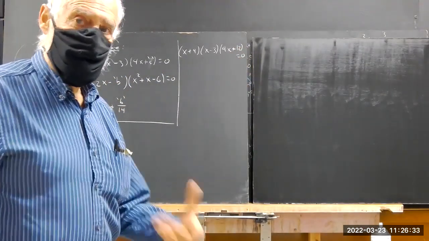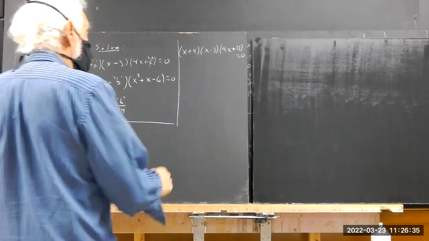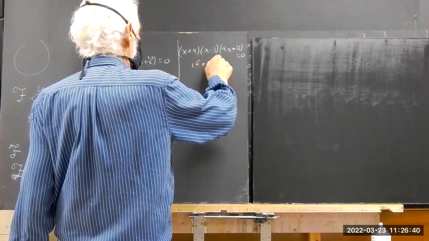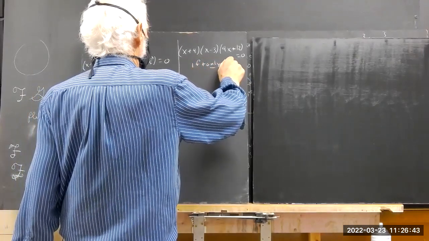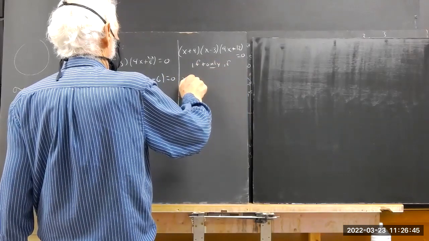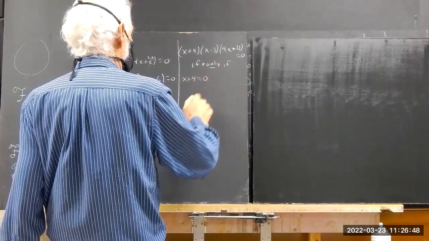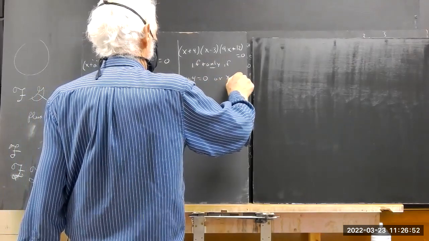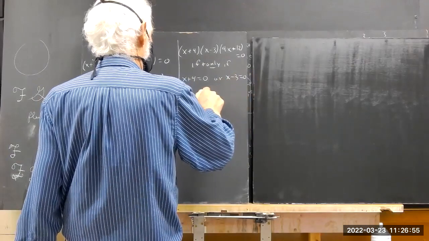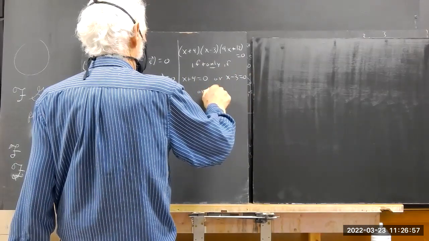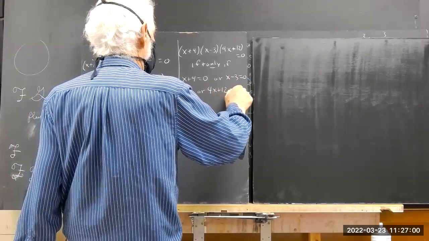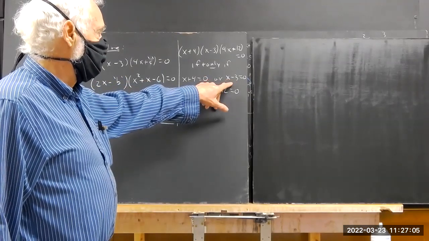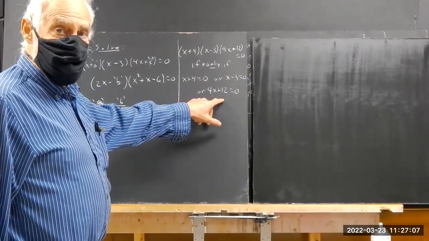It's going to happen if and only if x plus 4 is 0 or x minus 3 is 0 or 4x plus 12 equals 0.